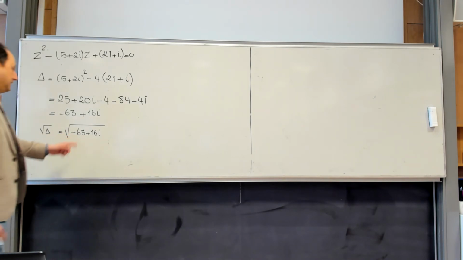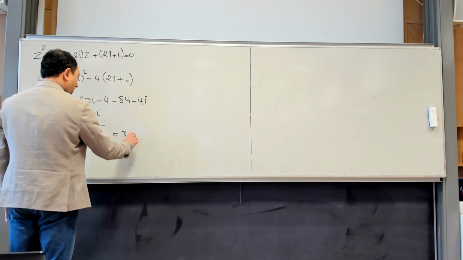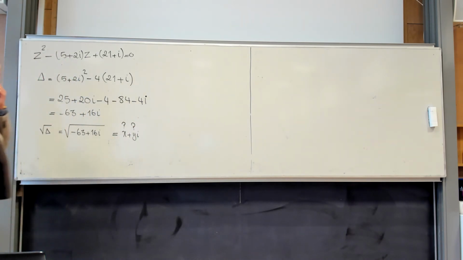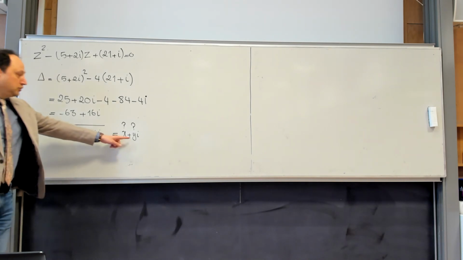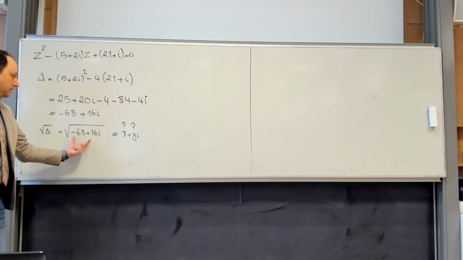So what should I do? I would say that let this be equal to x plus yi, question mark here, question mark here. I want to calculate this and write it in standard form. I don't know these numbers, but I know that if this is going to work, the square of this one should be equal to that one.